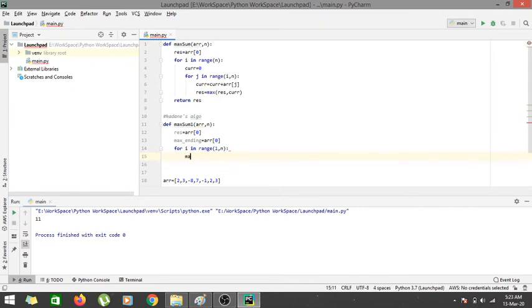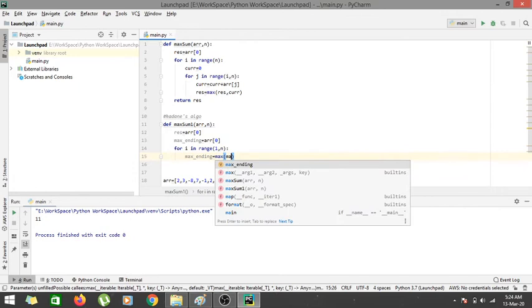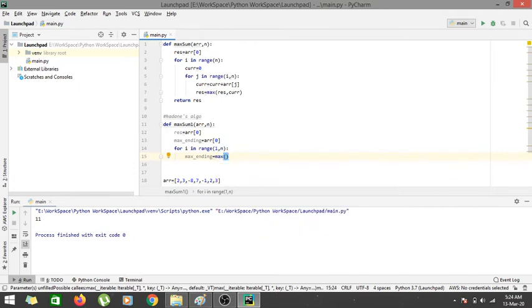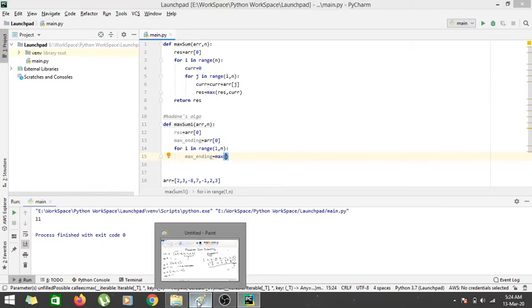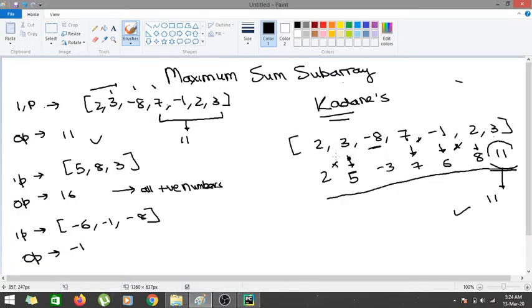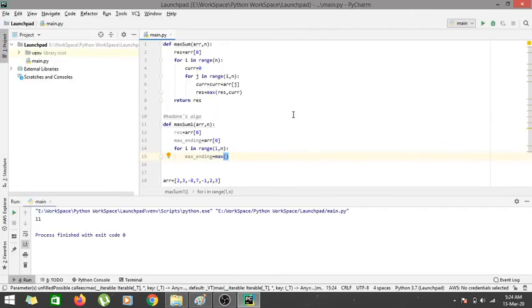Now I have to calculate the max underscore ending. So max underscore ending is equal to max of, we would be considering either the element that is there, or the sum of the max underscore ending along with its element. Whichever sum is greater, I would be assigning it to the max underscore ending.